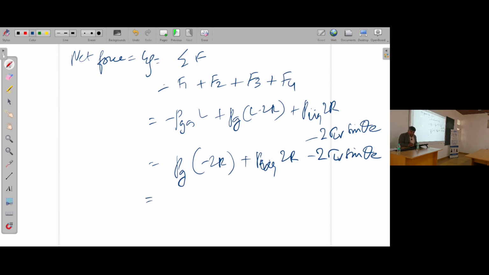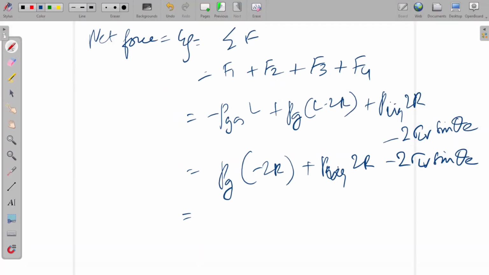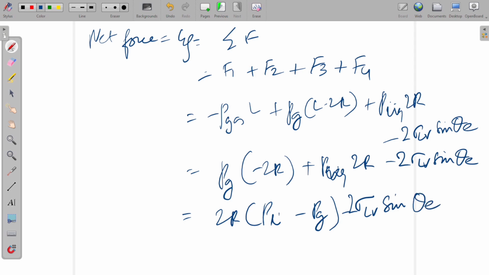So I can write this as 2R times P liquid minus P gas, minus 2 sigma LV sine theta E. Okay? So this is your net force balance.